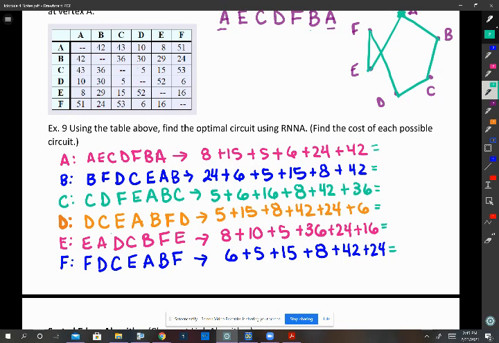Now, the problem again with repeated nearest neighbor is that you have to do this, in this case, 6 times in order to figure out which one is the best option. And then once you have the cheapest option, you have to write it starting with whatever letter they tell you to. And again, you would just add those numbers up, find out what the cheapest is, and then go from there.